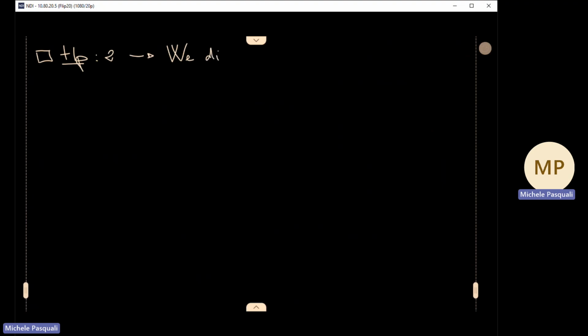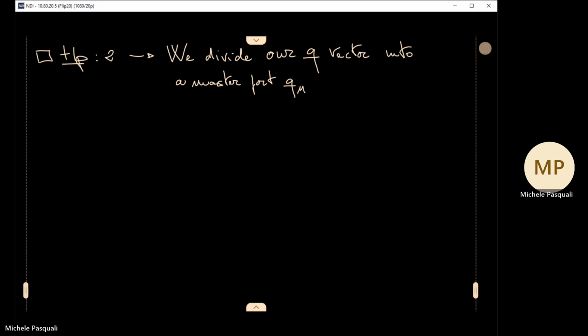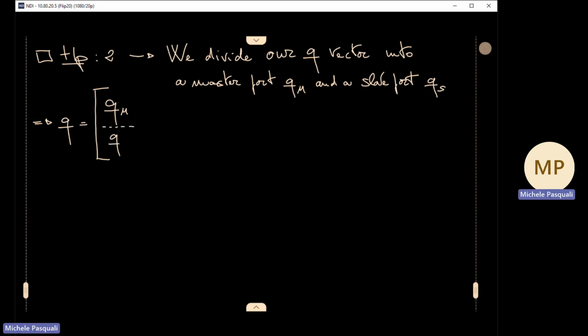So we divide, or we partition if you want, our Q vector into a master part Q_M, this is a capital M, and a slave part Q_S, so that our Q becomes written as such: Q master, and then Q slave.